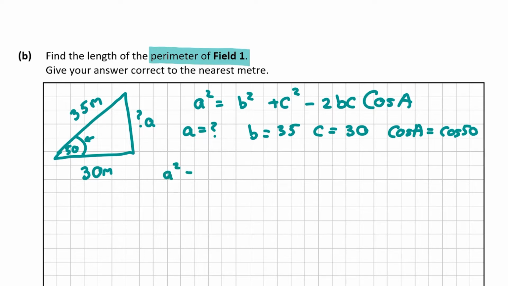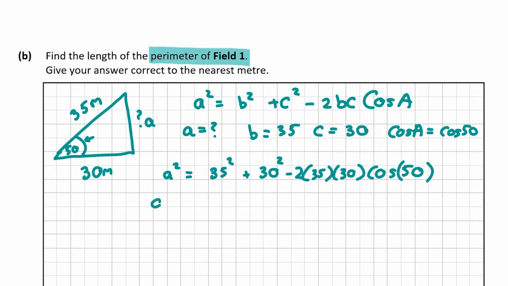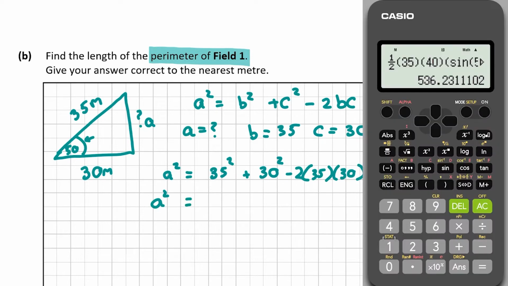So a squared is equal to 35 squared plus 30 squared minus 2bc, so 2 by 35 multiplied by 30 cos of 50. So now let's work out the right hand side. So a squared is equal to, and I'm going to put that into the calculator.